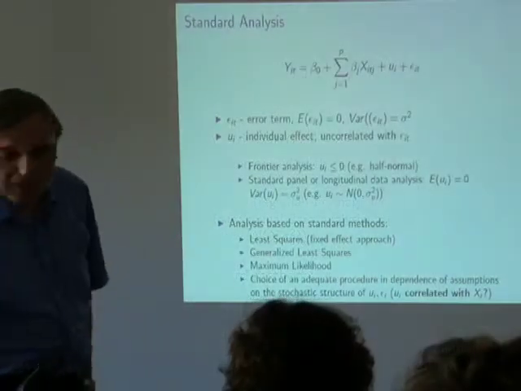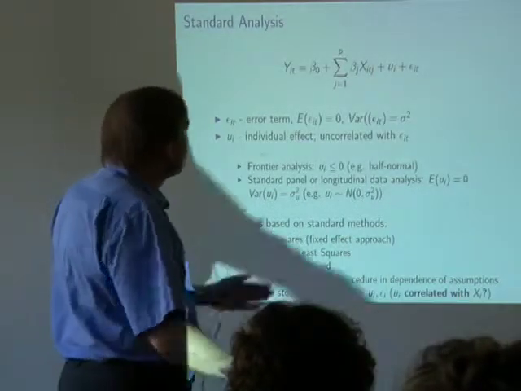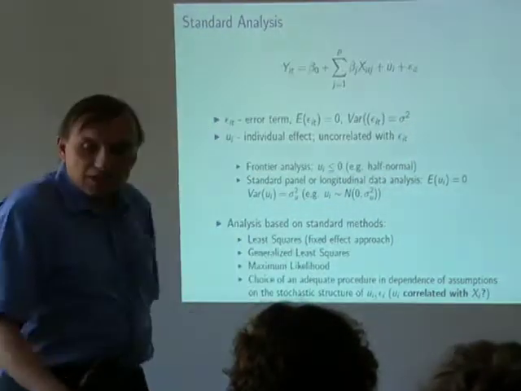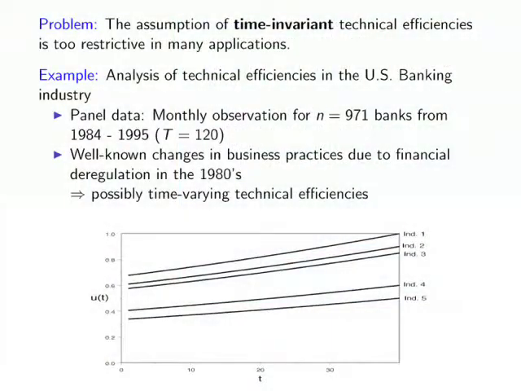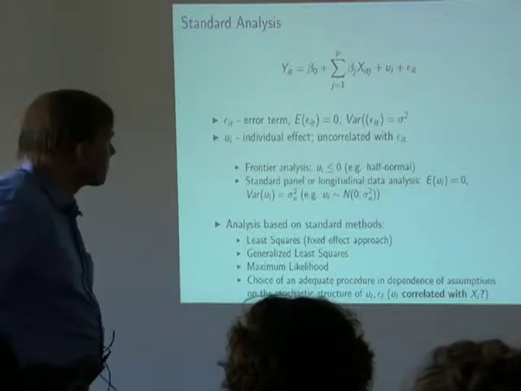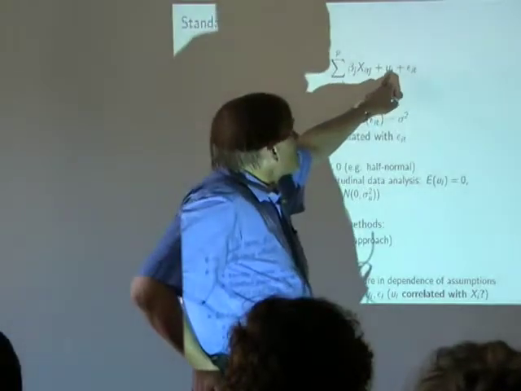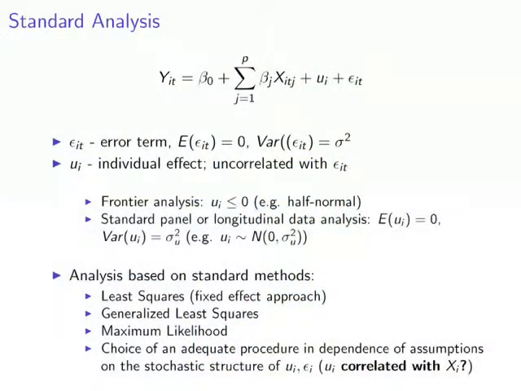What we consider here now is a little bit different. If you have a lot of time periods, for example, we had here data from the US banking industry. We had observations over something like 10 years with 120 time periods, and there's a lot of things going on during that decade. And in this sense, it seems to be a little strange that a firm should never change in its efficiency.